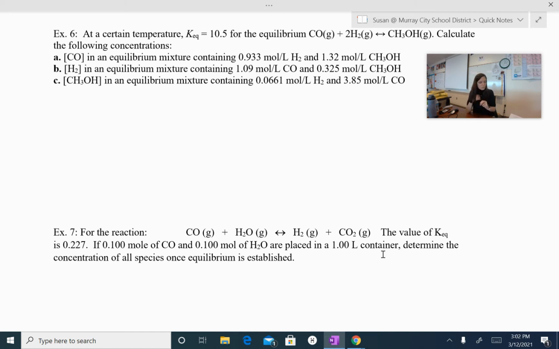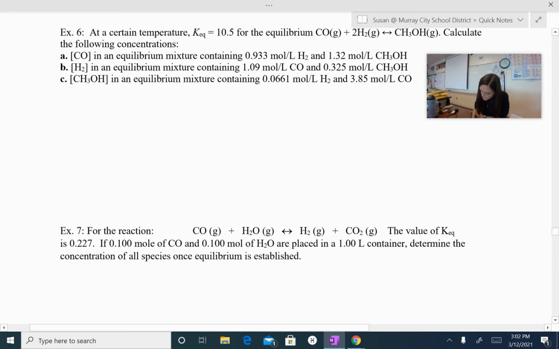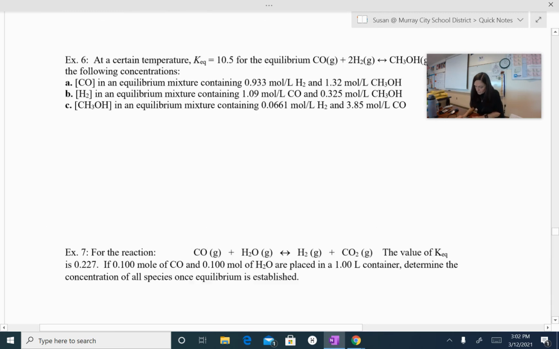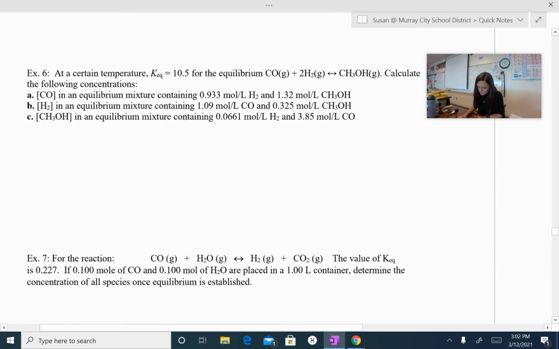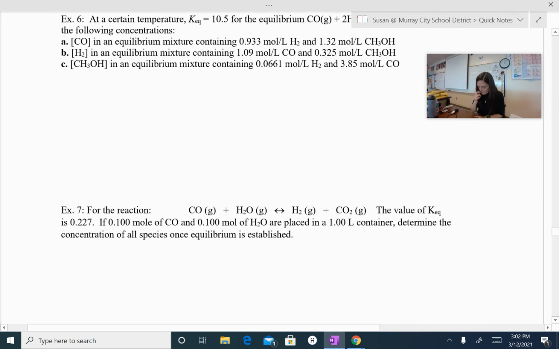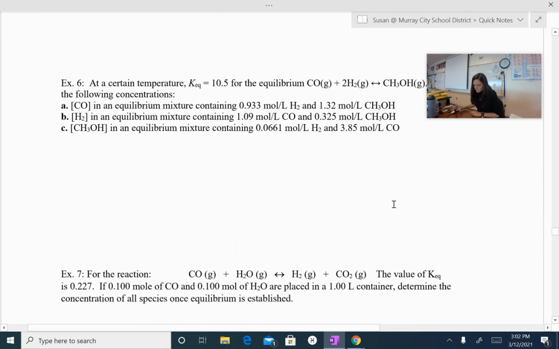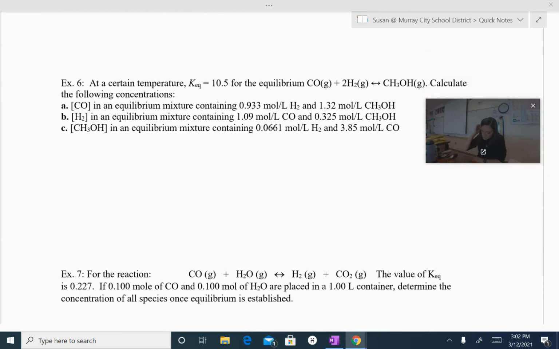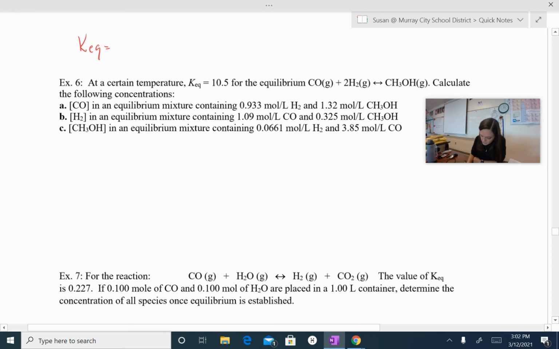Okay, so let's write out our equilibrium expression here. Remember, products are on top, so I'm going to put methanol on top because it's gas.